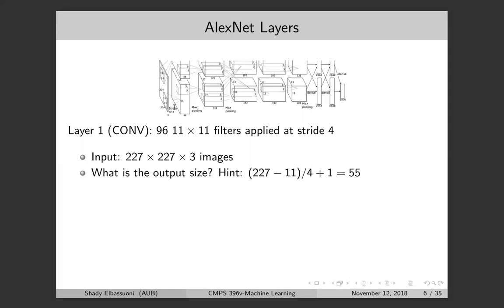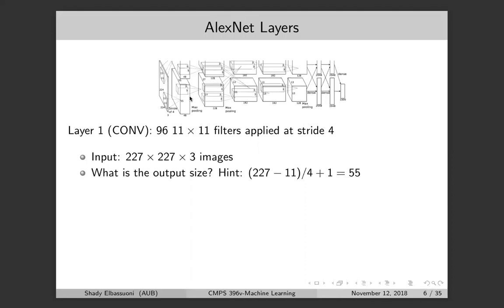They apply the filter at a stride of 4, so you move it 4 pixels to get to the next portion of the image, and so on. They applied 96 of these filters, so the output depth should be 96. The input was a 227 by 227 by 3 image, so an RGB image.